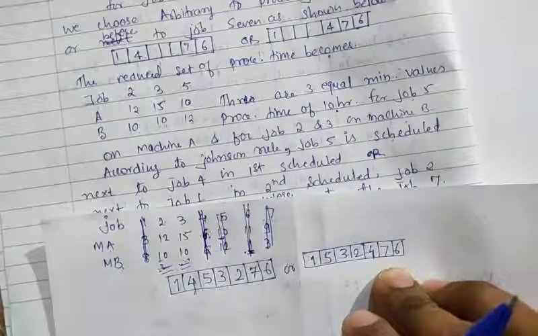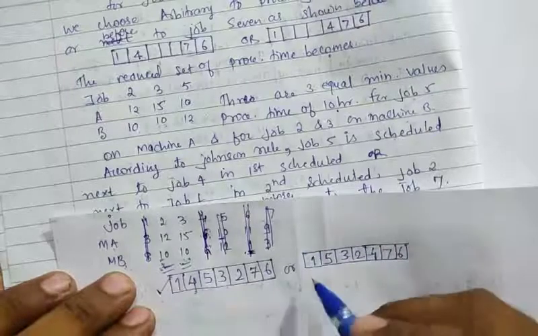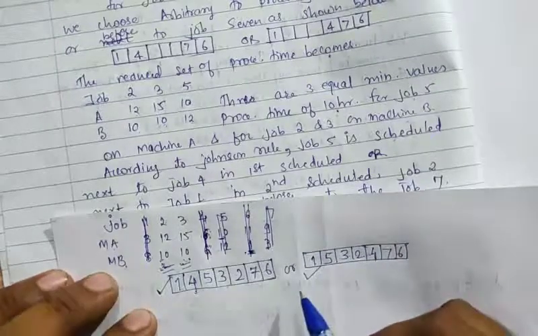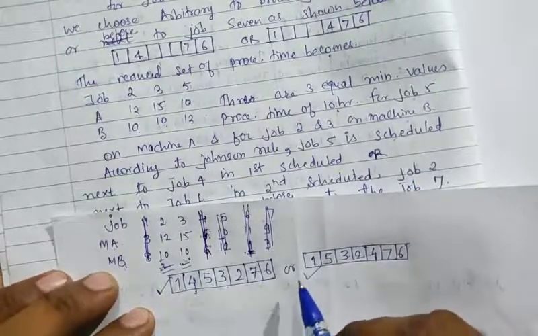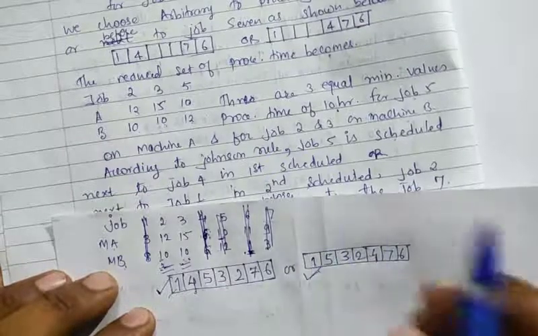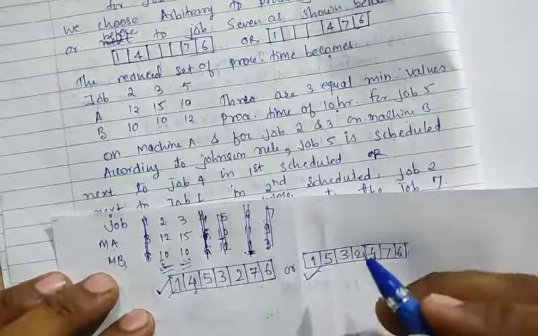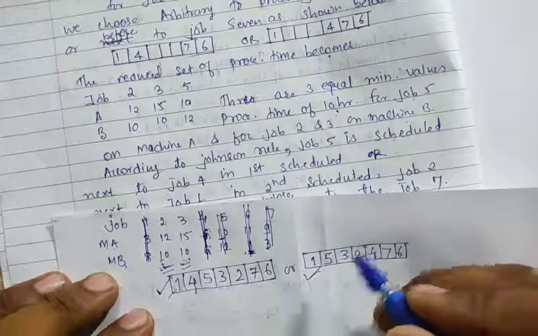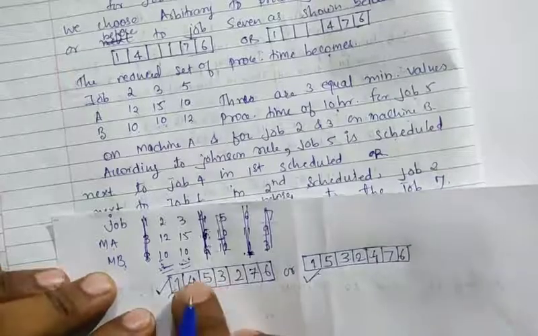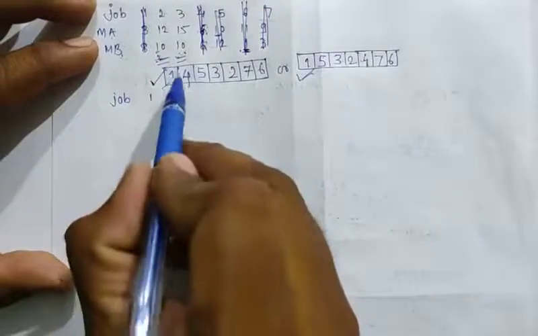We find out the total elapsed time by using a chart. Using this sequence or this sequence, you get the same elapsed time, and the same idle time for both machines M1 and M2. Now let's solve this.